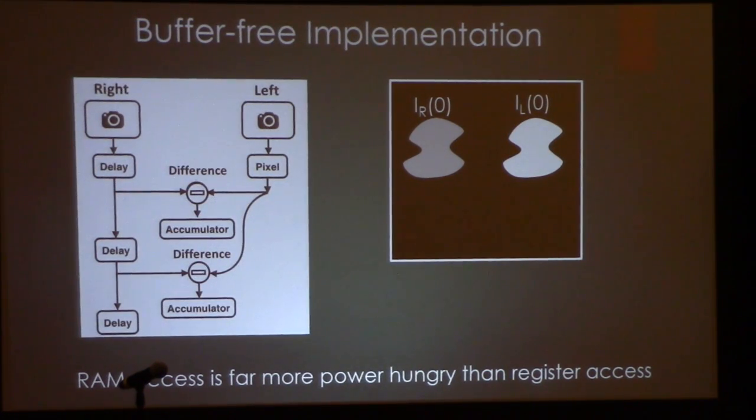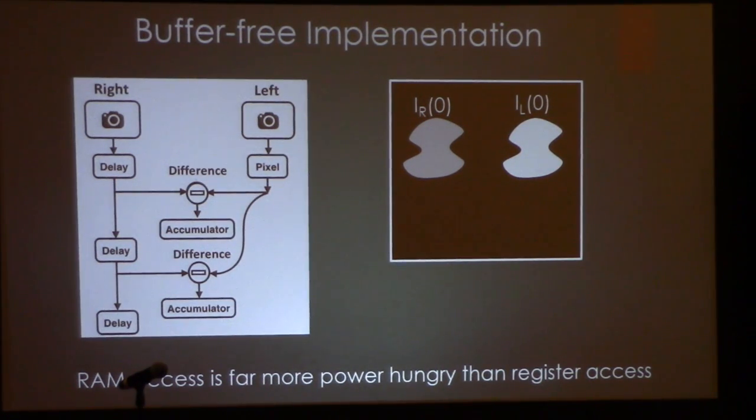But we know that compared to accessing registers, for example in an FPGA, accessing RAM is much more power hungry. So we eliminated the need for a buffer by exploiting the fact that FPGAs are designed for parallel computing.